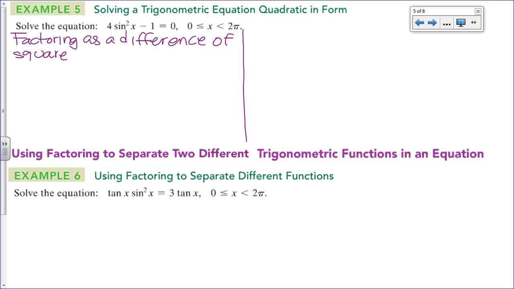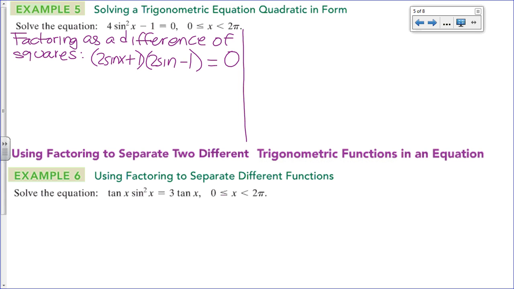And so when I say factor as the difference of squares, what I mean is this. So 2 binomials. So the square root of 4 is 2. The square root of sine squared is sine. So sine x and sine x. And then what is the square root of 1? 1. So we'll have a positive 1 and a negative.